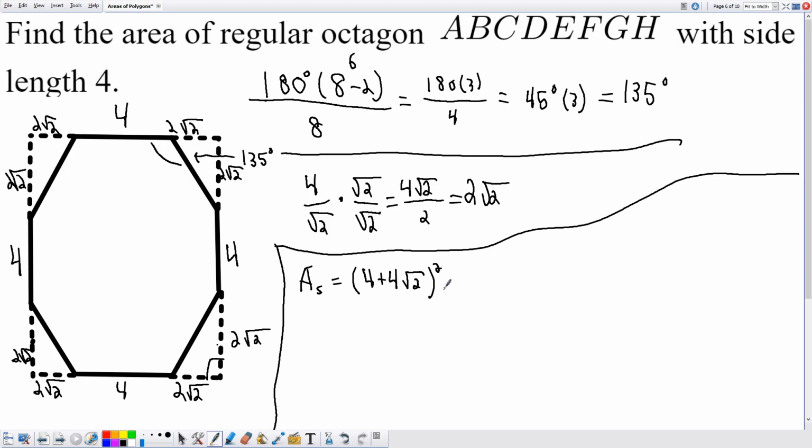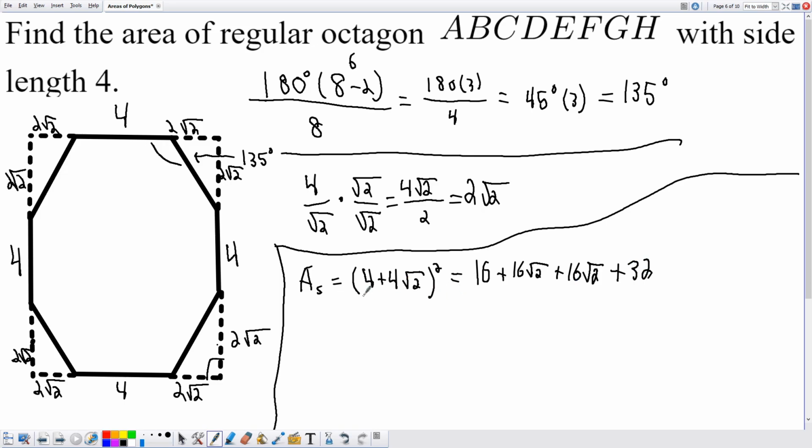Now, simplifying this a little bit further, we can square this binomial, and we will get, well, 4 squared is 16. Then we have 4 times 4 square root of 2, which is 16 square root of 2, plus 16 square root of 2, plus 4 root 2 squared is 16 times 2, which is 32.